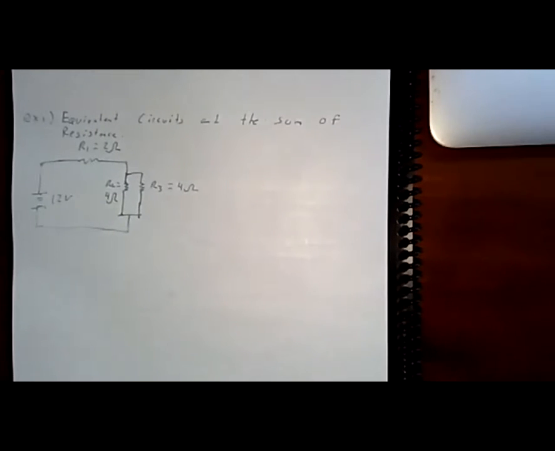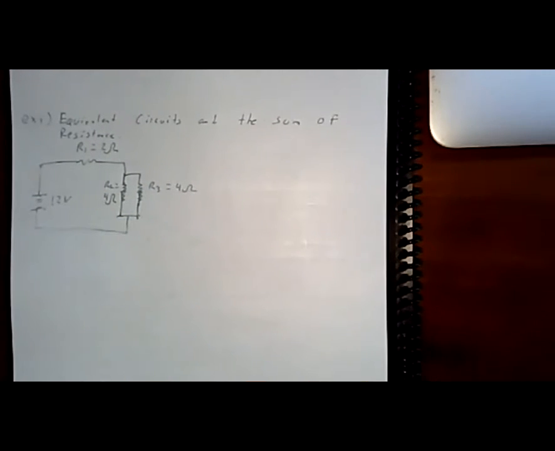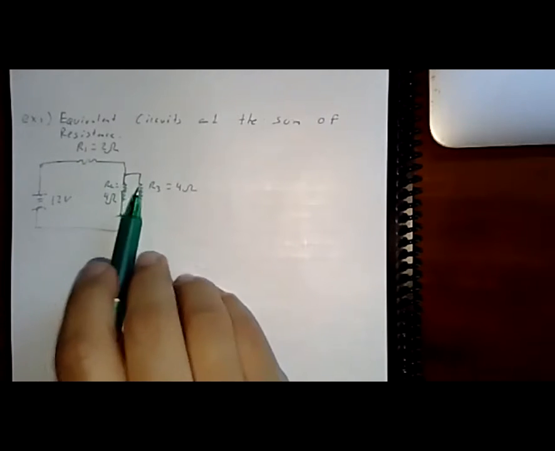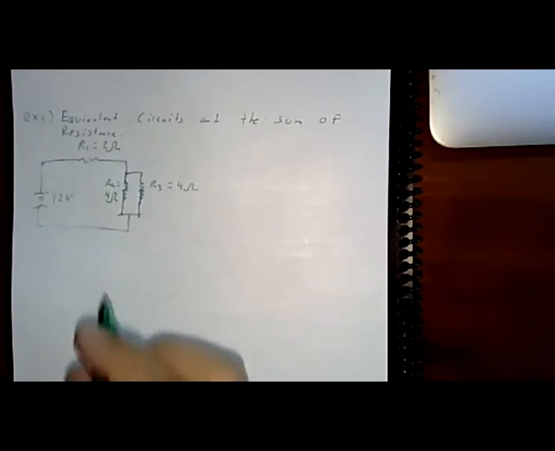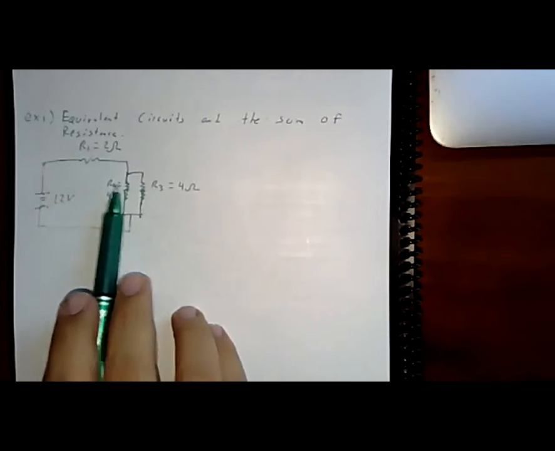So just real quick, these two resistors are in parallel. Okay, so we need to deal with this first. If you create an equivalent circuit, it becomes a little easier to figure out the total resistance. So these two are in series with this guy, but these two are parallel to each other.